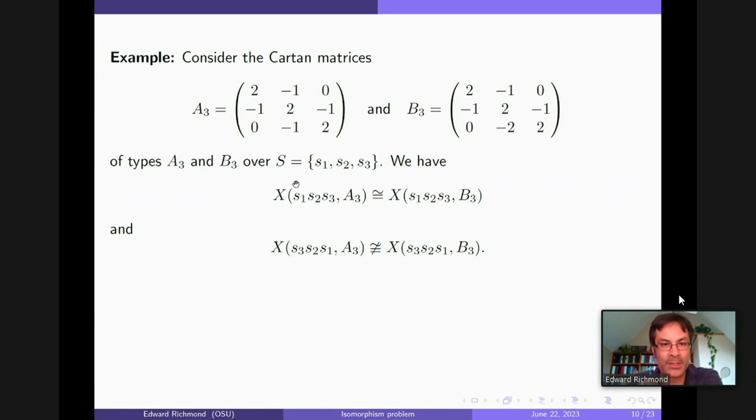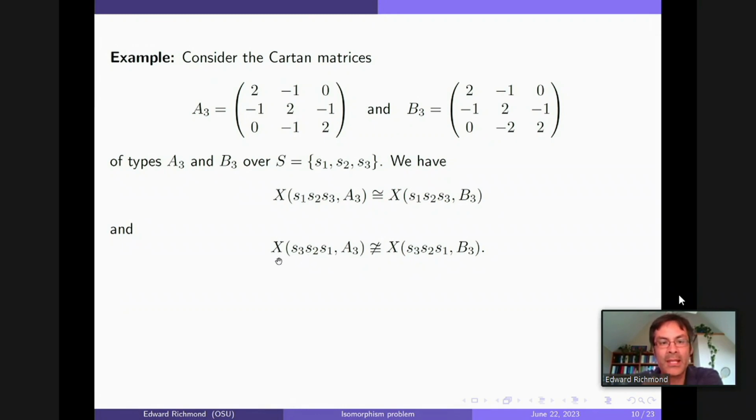If I look at the Schubert variety indexed by s1 s2 s3, which has a unique reduced decomposition, and I look at the same thing on the other side, and I map 1 to 1, 2 to 2, and 3 to 3, this turns out to be a Cartan equivalence, because the Cartan entries involved in this upper triangle corner are -1, 0, and -1, and it just happens to match on the other side.